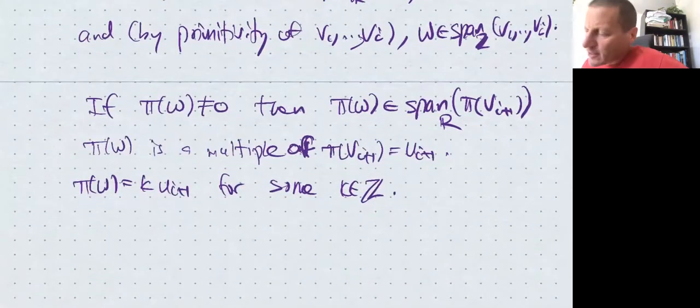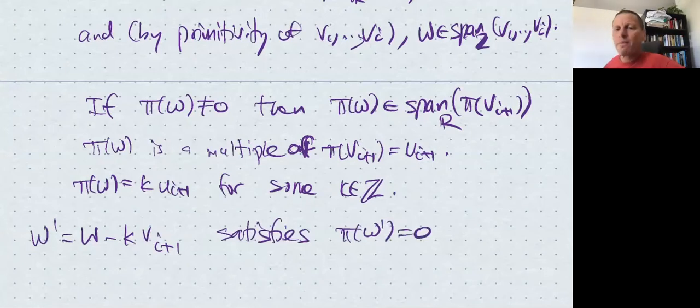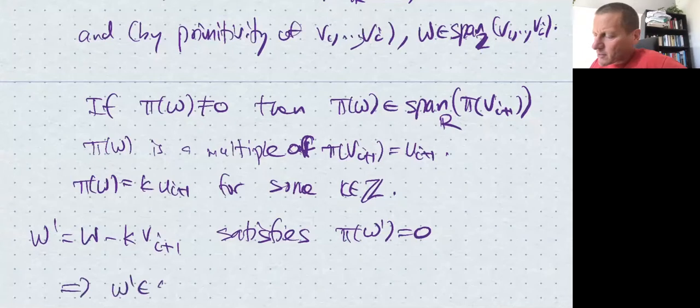And now we look at the difference. w' equals w minus k v_{i+1}. Then pi of w' is 0, and so w' is in the span over Z of v1 up to vi.